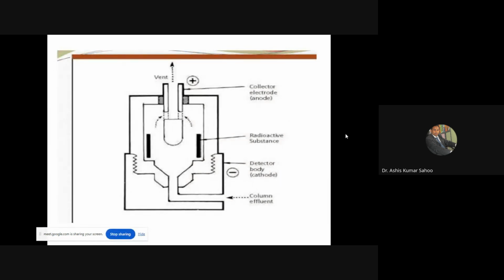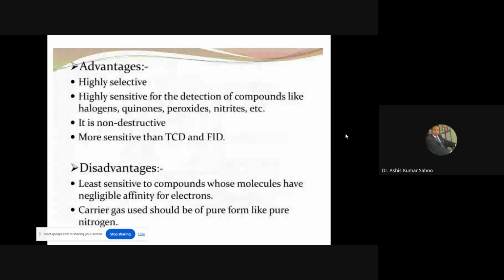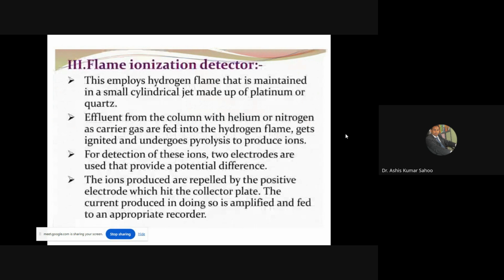Radioactive substance, high selectivity, highly sensitive for detection of compounds, non-destructive, less sensitive to compounds whose molecules are negligible in electron affinity. Carrier gas used is pure nitrogen. So these are the different detectors used in gas chromatography.